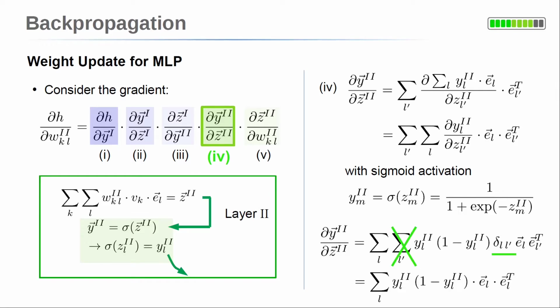The Kronecker delta from the derivative reduces the two summations. So the derivative of the output vector of the hidden layer with respect to the summation vector of the hidden layer is the sum over all neurons of y_L of layer 2 times 1 minus y_L of layer 2 times the unit vector e_L times the unit vector e_L transpose.